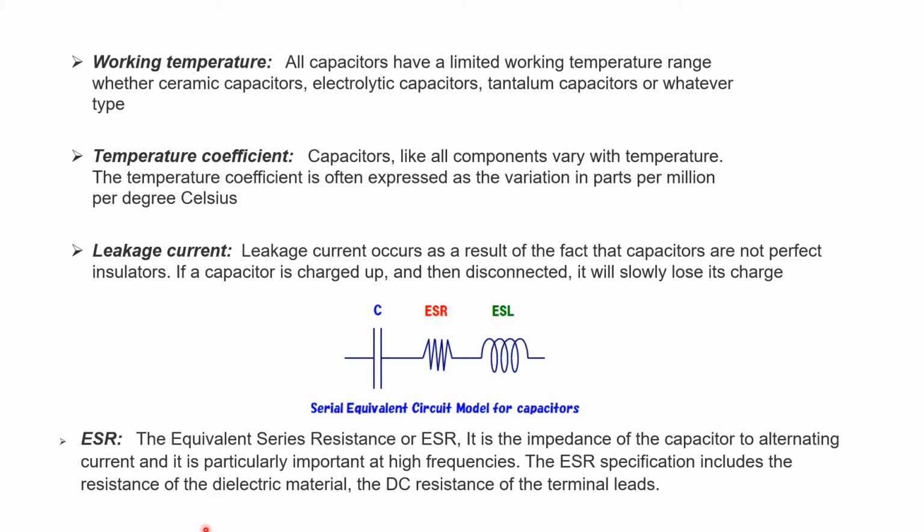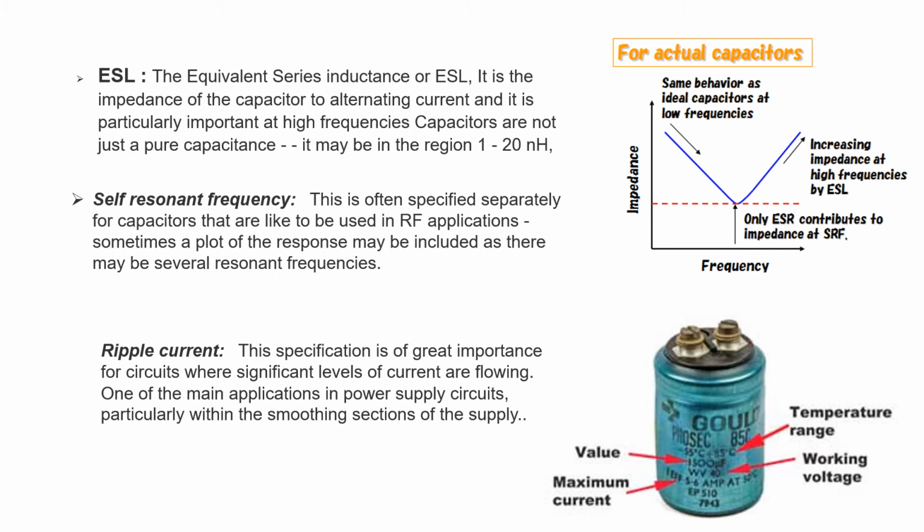Okay, same thing if you go to the ESL. ESL is equivalent series inductance, and particularly these come into the picture when you are using high frequency applications. These values may range from 1 nanohenry up to 20 nanohenry.